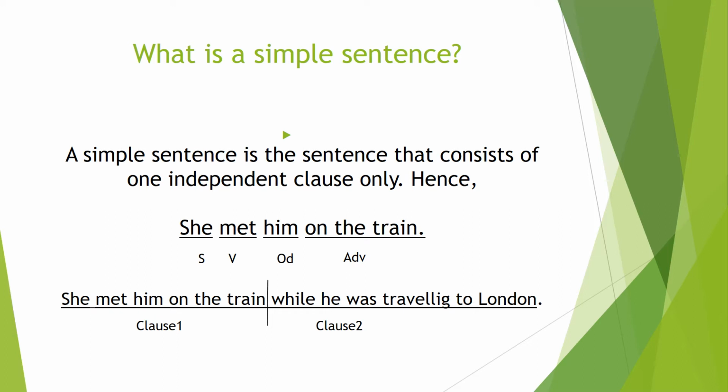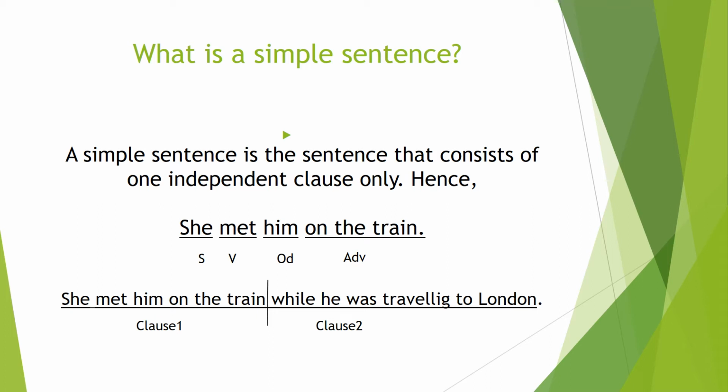And when we have two clauses, this means that these two clauses are of two different types. One of them should be dependent and the other should be independent. The independent clause, as we said, is the clause that can stand alone with meaning, while the dependent clause is the clause that cannot have meaning unless it is attached to the independent one.